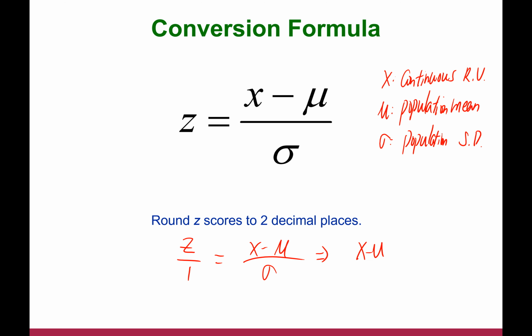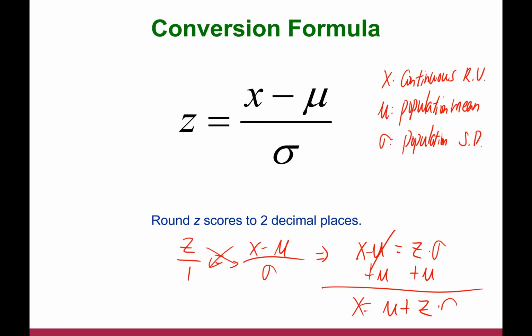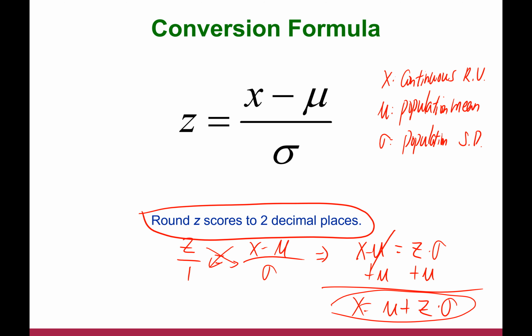Cross multiplying, x minus mu equals z times sigma. Adding mu to both sides, we get x equals mu plus z times sigma. So if you're given the probability, you can go backwards and find the value of the continuous random variable. Just one more thing: round the z-score to 2 decimal places. It's the convention.